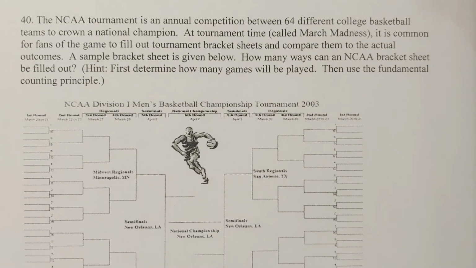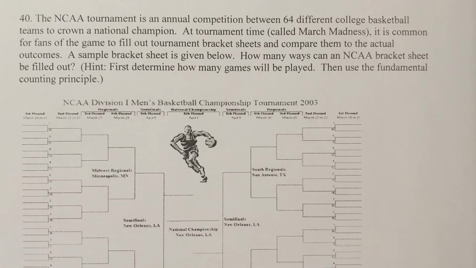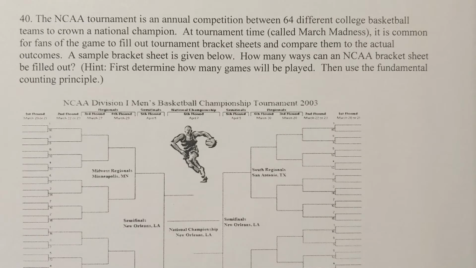Problem 40 is the last one. So I like basketball, NCAA. So problem 40, the NCAA tournament is an annual competition between 64 different college basketball teams to crown a national champion.